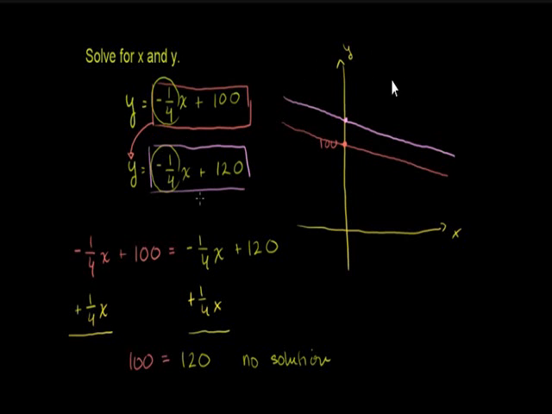So the straight lines are parallel and they cannot intersect each other at any point, so there is no solution of these equations. We have analyzed why equations have a solution and why they have no solution.